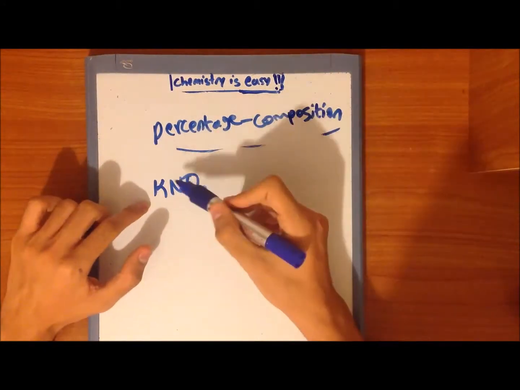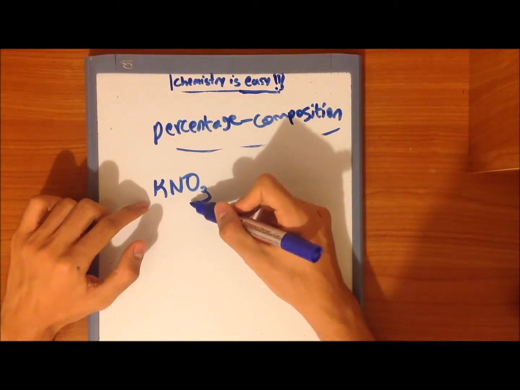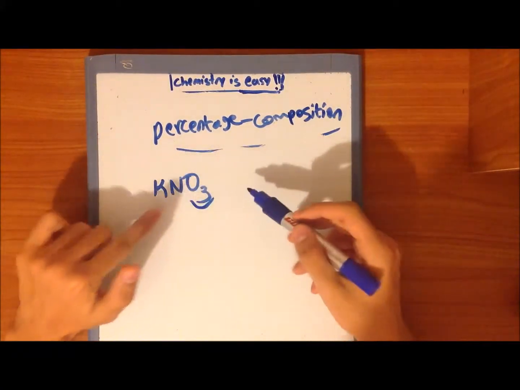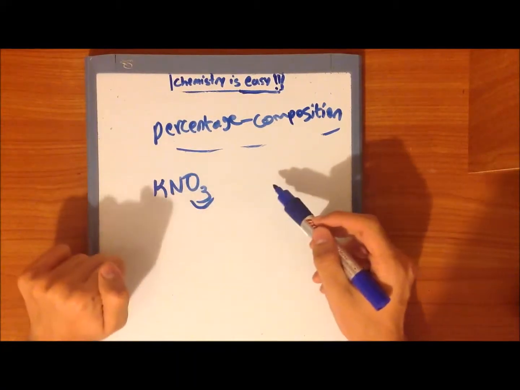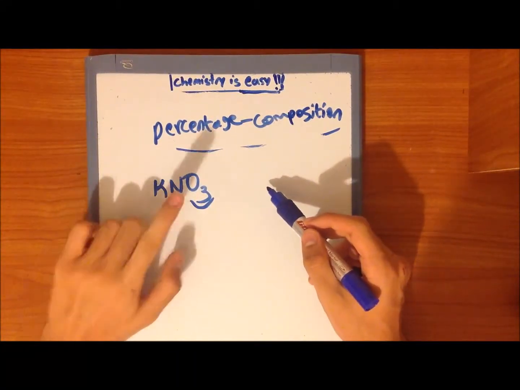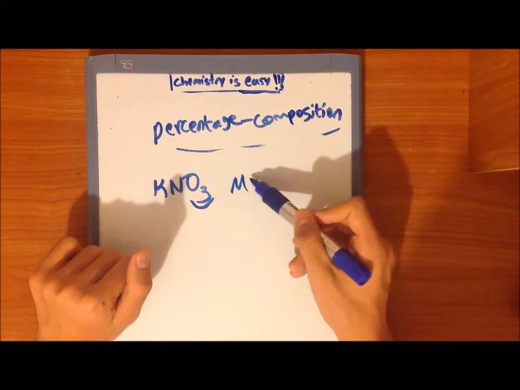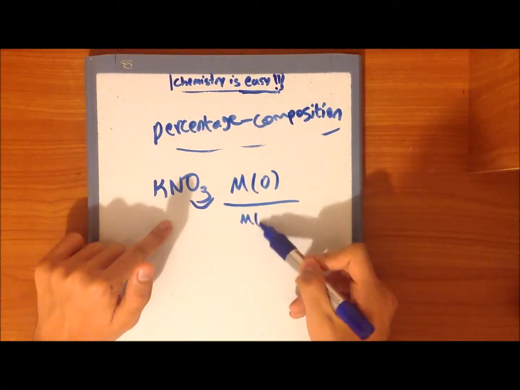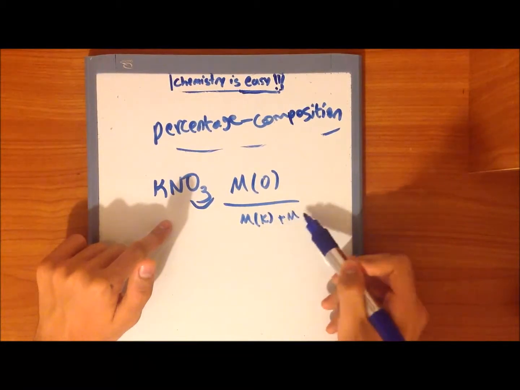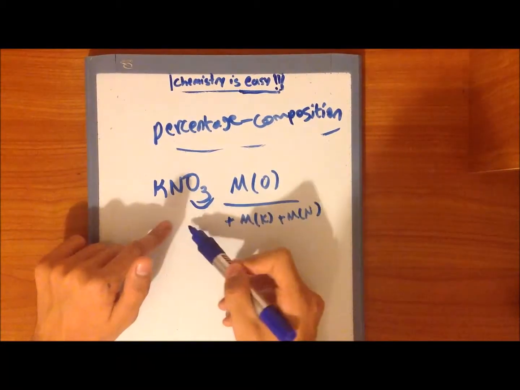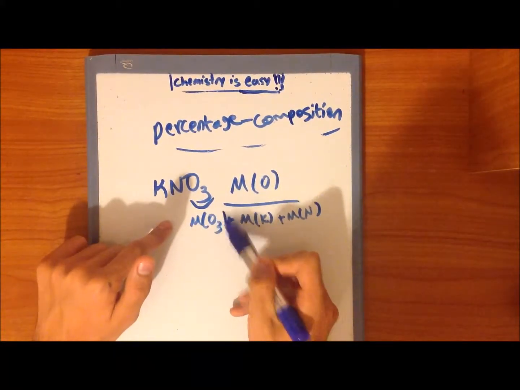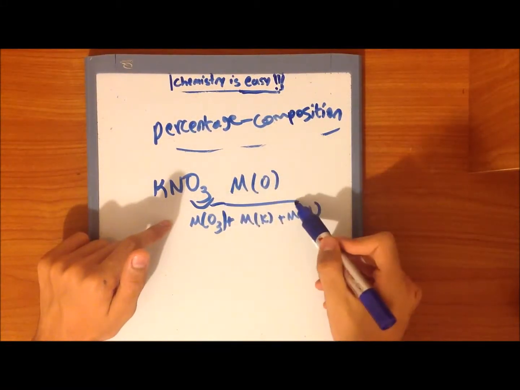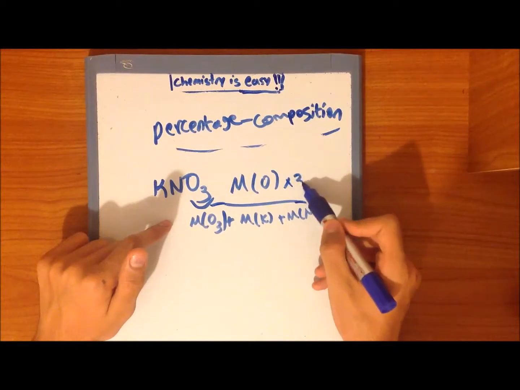I want to know, for example, how many percent of KNO3 is oxygen? Okay, first of all, write the formula. Molar mass of oxygen divided by molar mass of K plus molar mass of N plus molar mass of O3. Okay, here I must times it by 3.